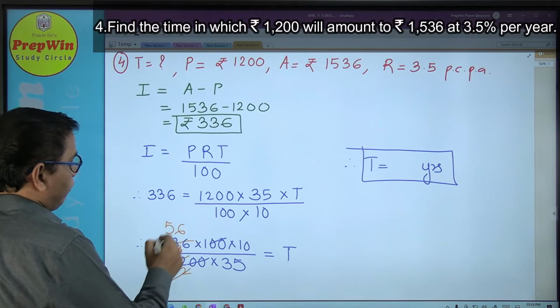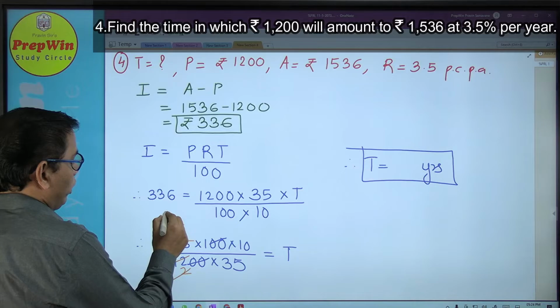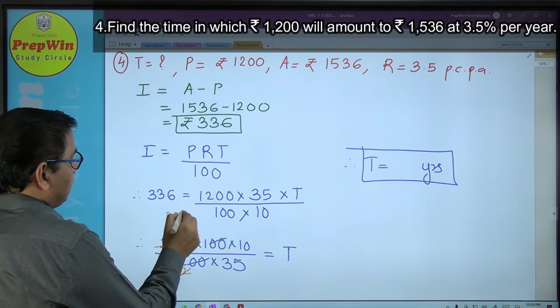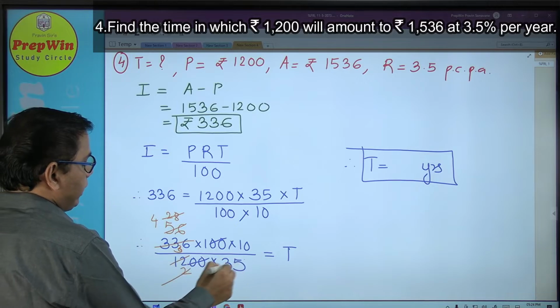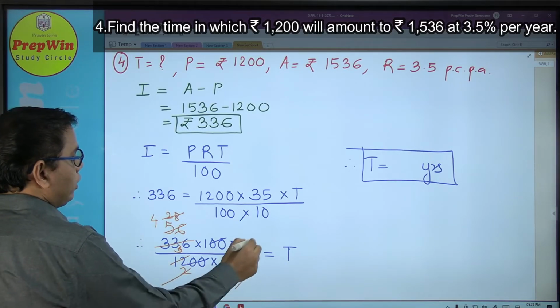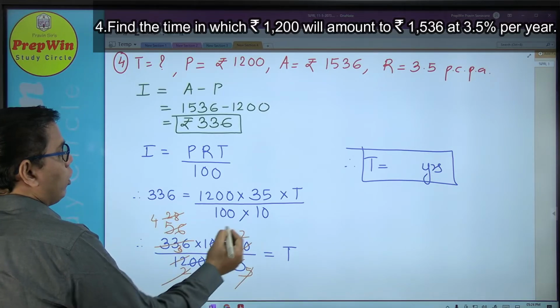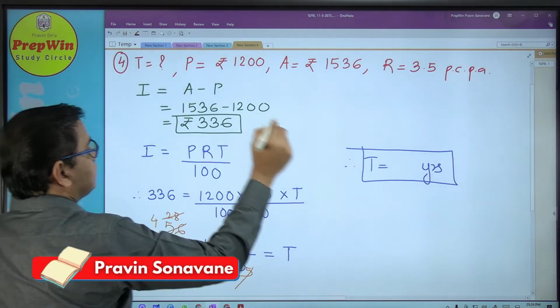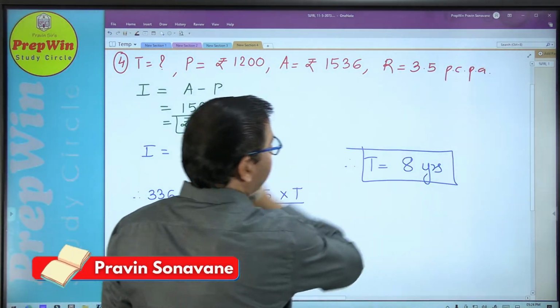Okay, so 56 can be divided by 2. 2 into 2 is 4, 28. 7 into 4 is 28. 7 into 5 is 35. 5 into 2 is 10. So you got 4 multiplied by 2. So your answer is definitely 8 years.